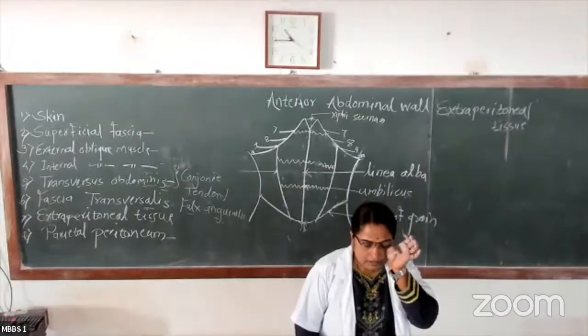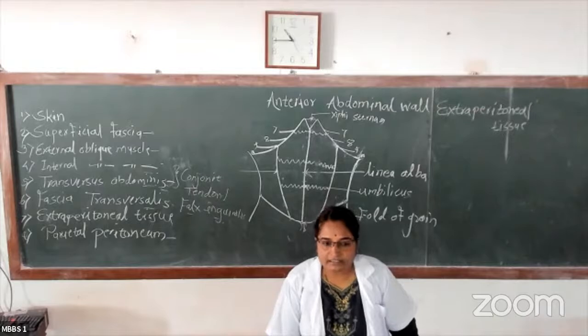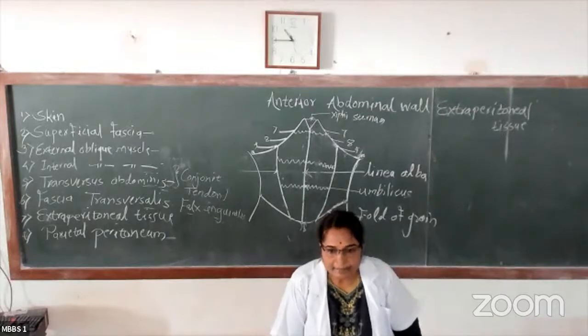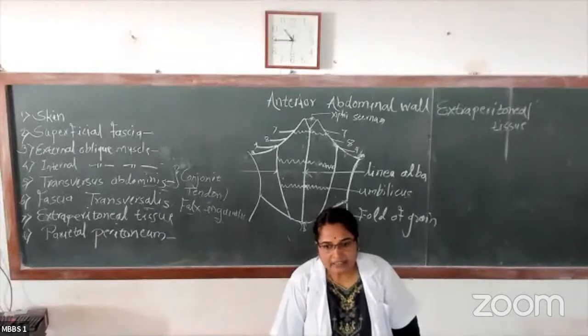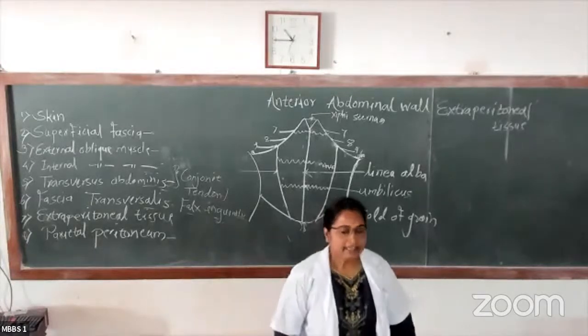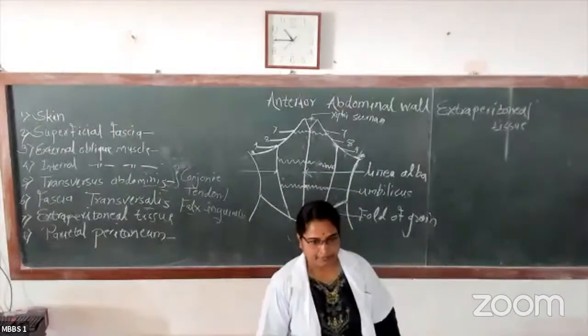Now, the abdominal viscera is enclosed in a serous membrane, that is the peritoneum, again having two layers, the parietal layer and the visceral layer. Inside the parietal peritoneum, there is the abdominal viscera proper.